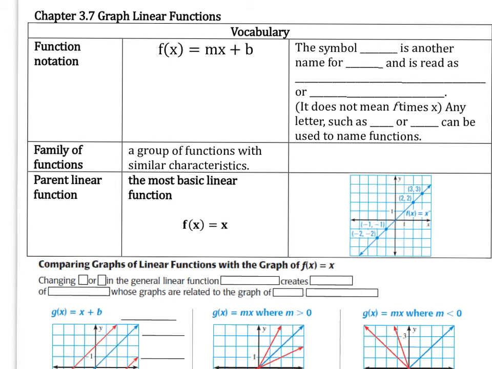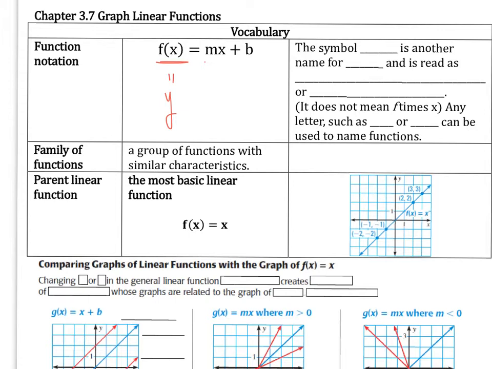3.7 Graph linear functions. Function notation. Recall from pre-algebra that we can write y as f of x, and this would equal mx plus b.